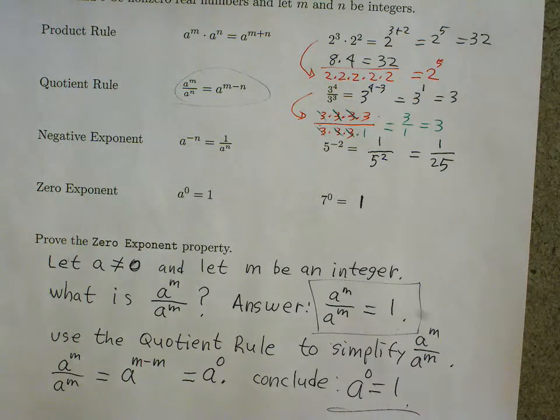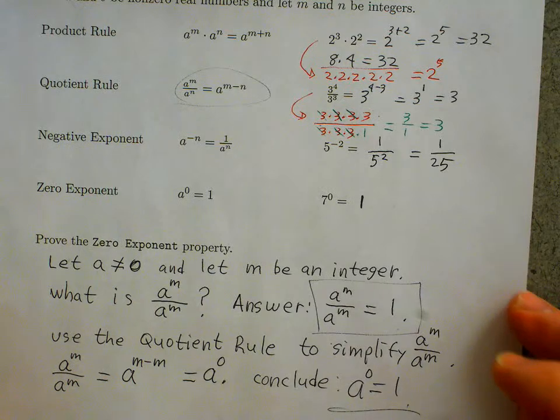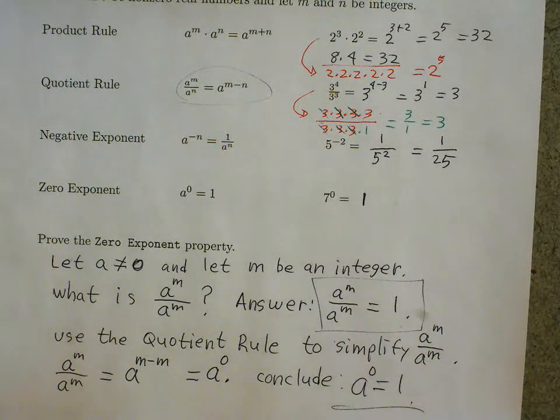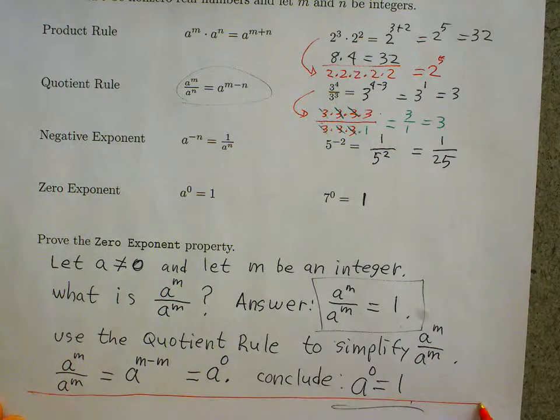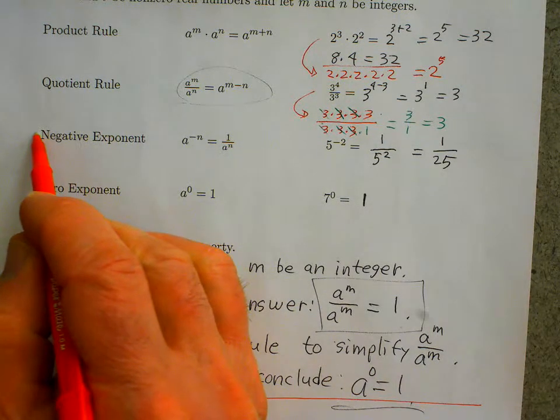Okay, so that proves the 0 exponent property. While we're on this page, let's take a look at the negative exponent.